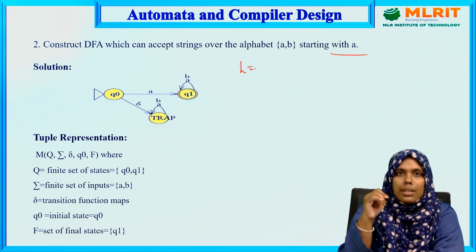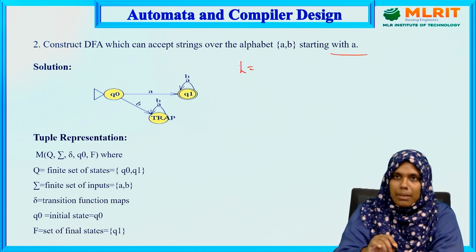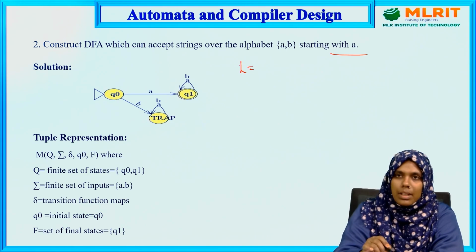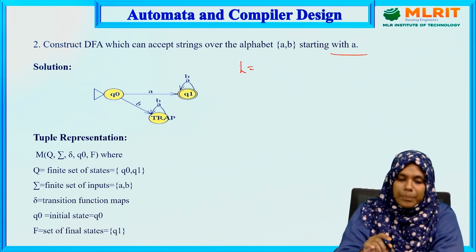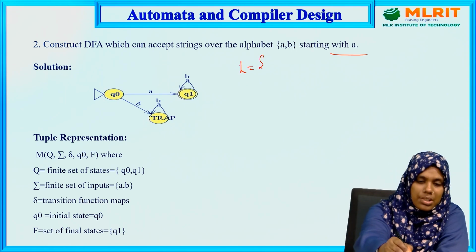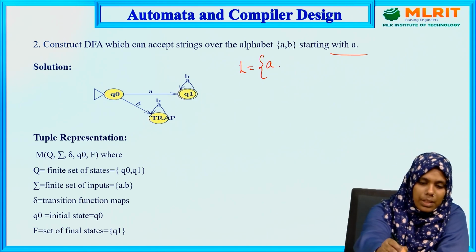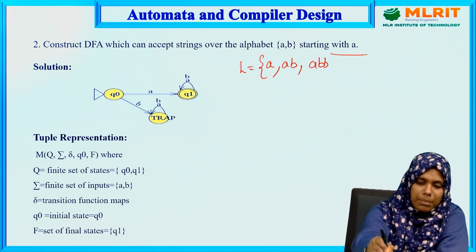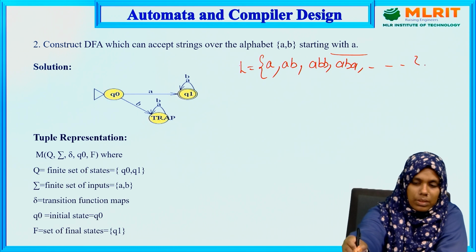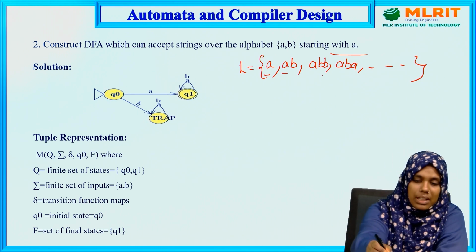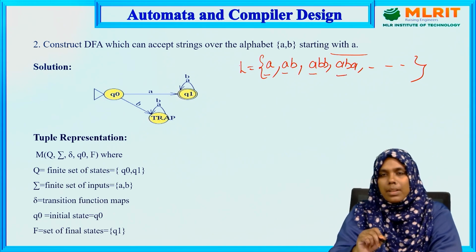A string should always start with A, not with B. There is no condition on the ending, so it can end with A or B. We can write A, AB, ABB, ABA, and so on. The language can be anything, but every string in it should always start with A.